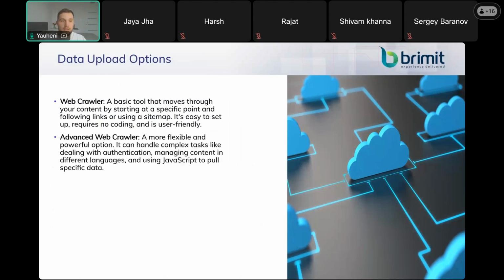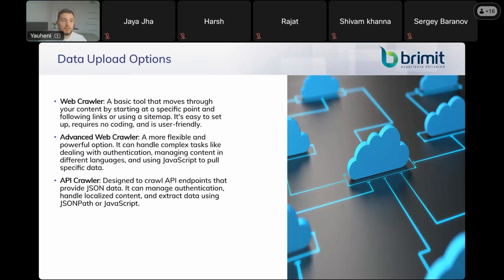But Sitecore created an additional crawler, the advanced web crawler. It is a stronger version of the web crawler which already has a login option, works with different languages, and sometimes uses JavaScript to create separate logic.